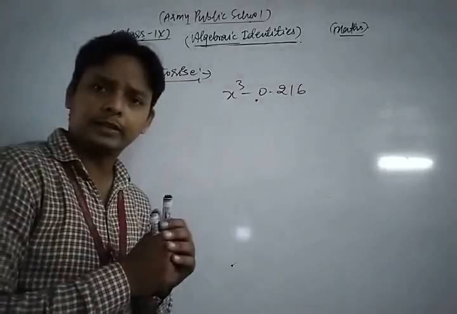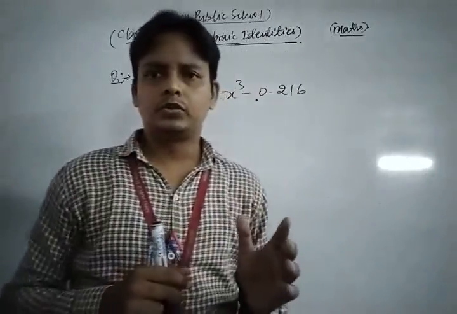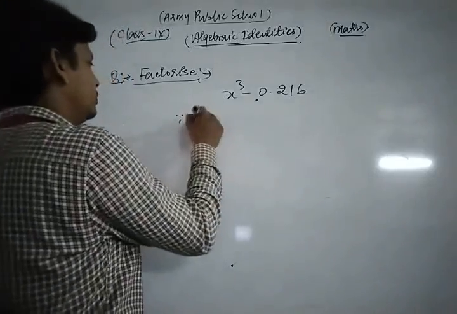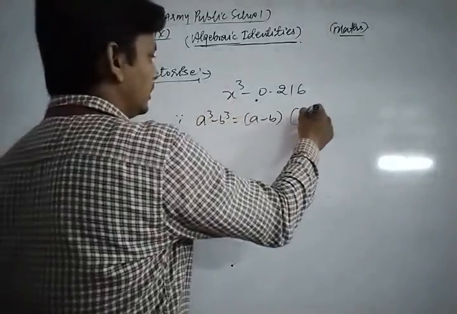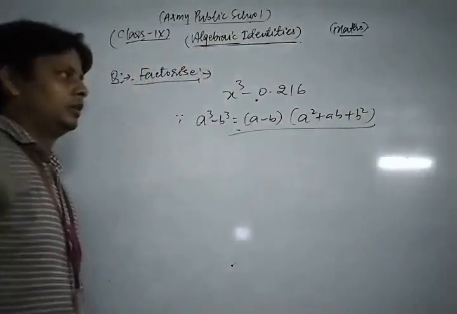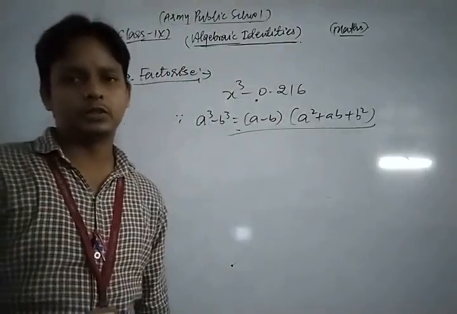So what do I do for that? Look, we know that a cube minus b cube is equal to (a minus b) in one bracket and (a square plus ab plus b square).